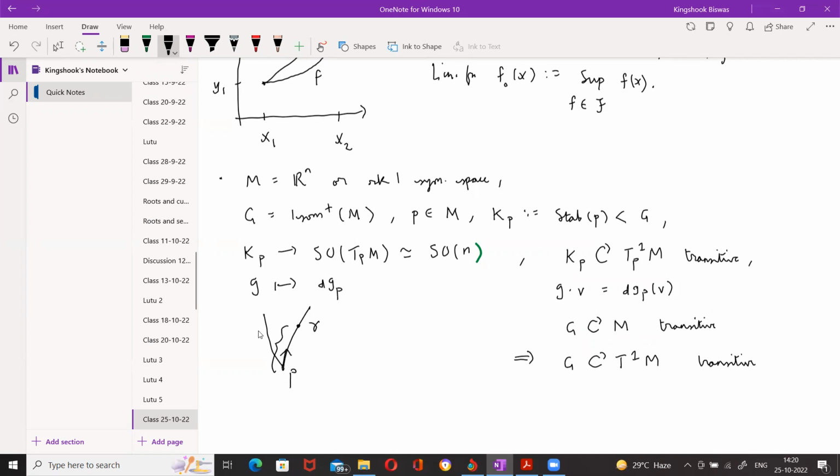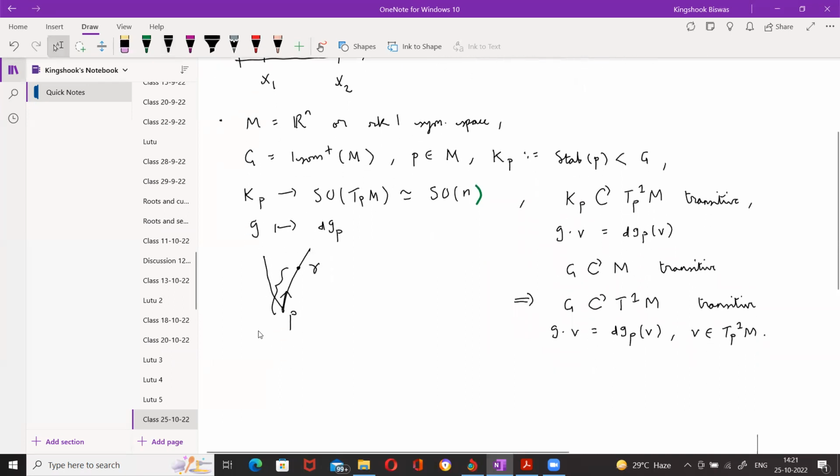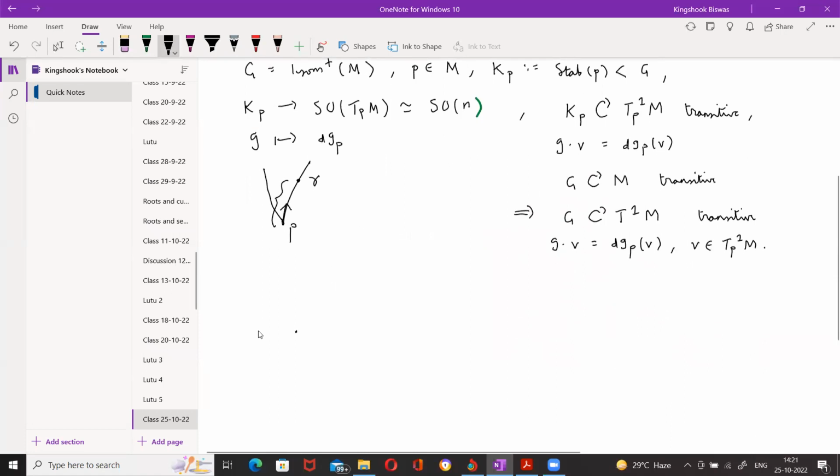Because the action is given by the derivative. It's G dot V is dG_P of V, where V belongs to T_P^1 M. Yeah. So this action is transitive because you take any two tangent vectors.